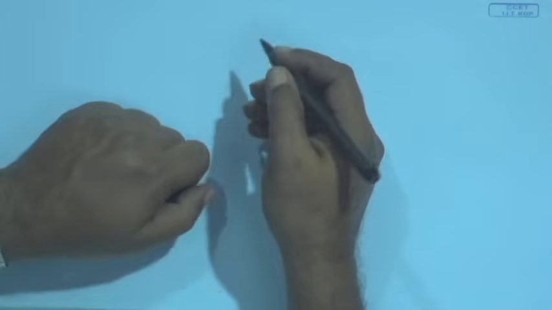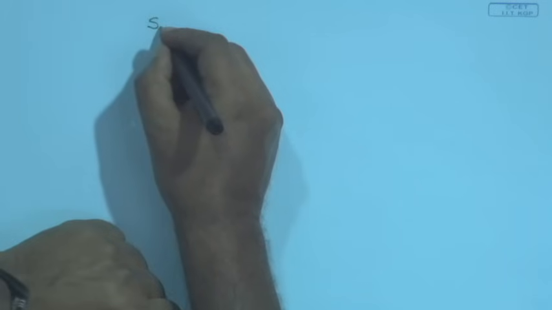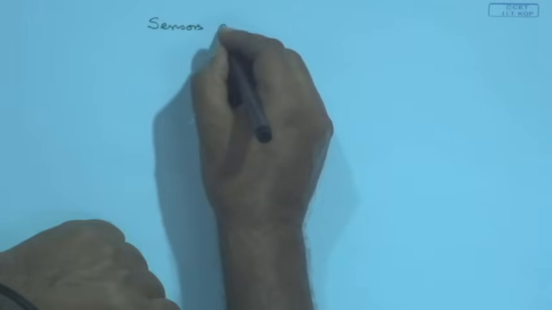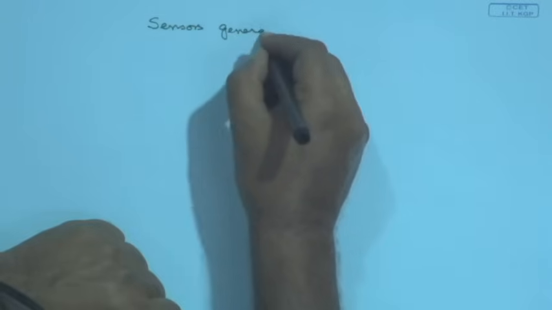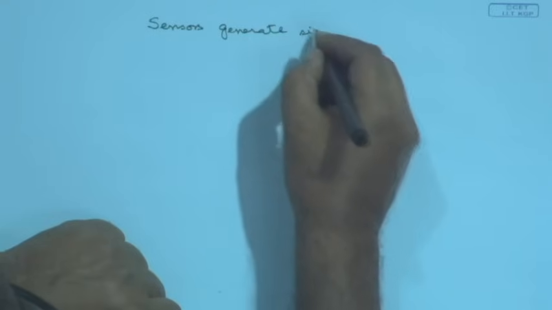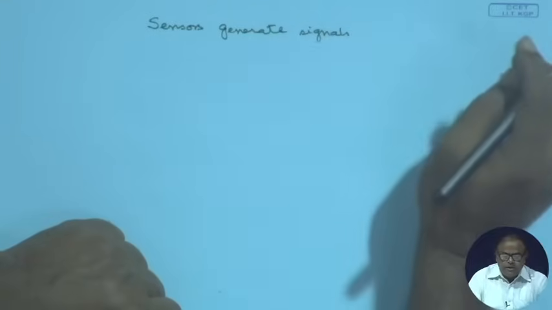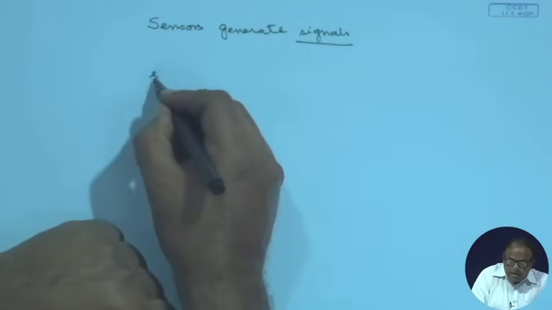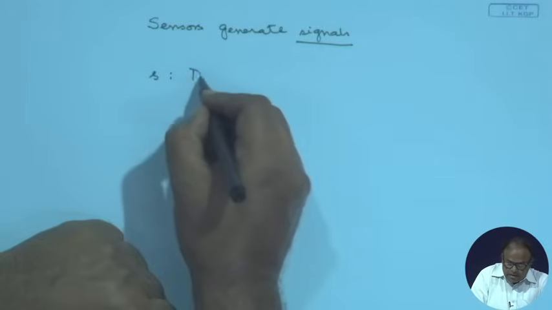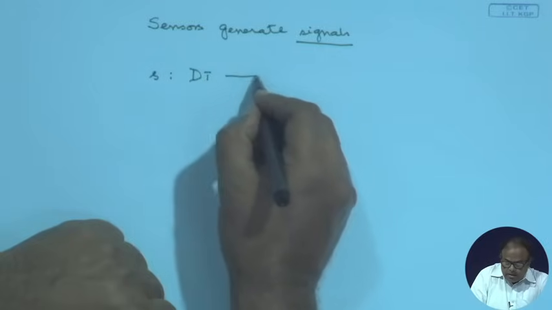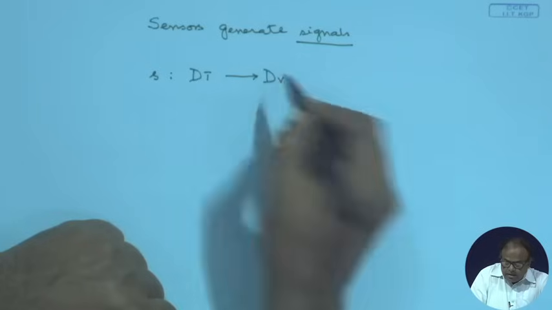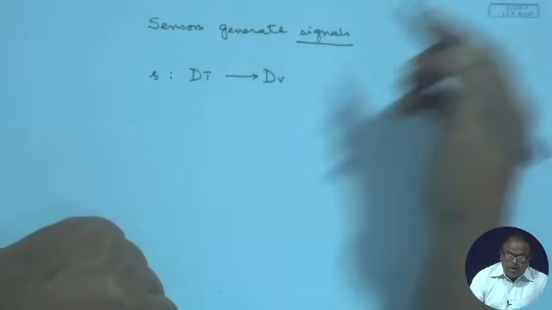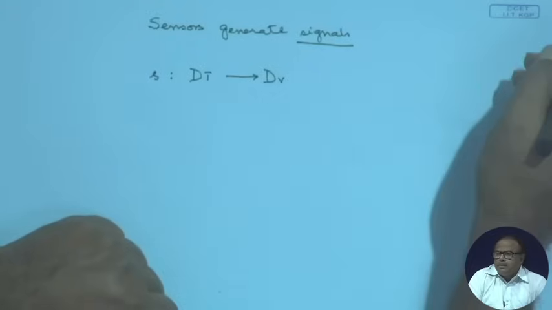The other aspect of the sensors is: what do the sensors do? The sensors generate signals, right. They always generate signals. And what is a signal? A signal S is a mapping from the time domain to a value domain.